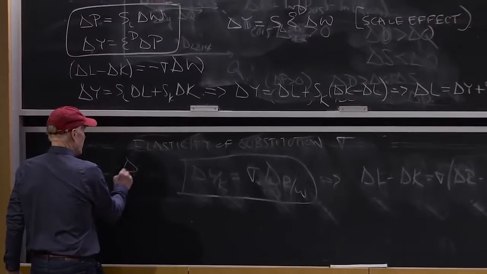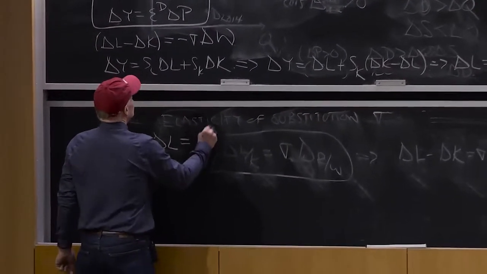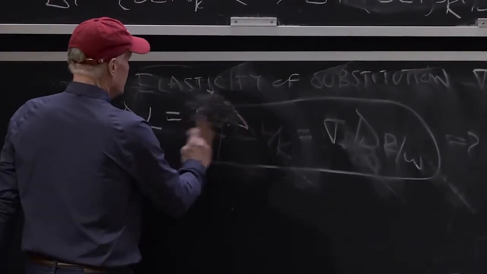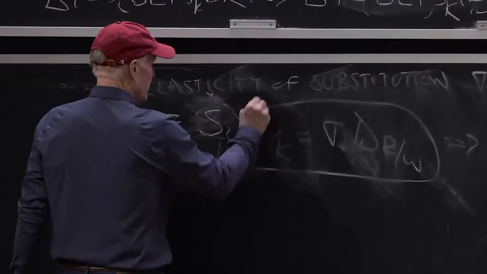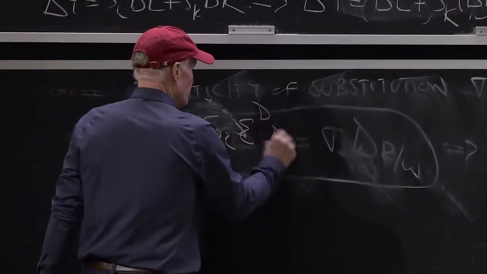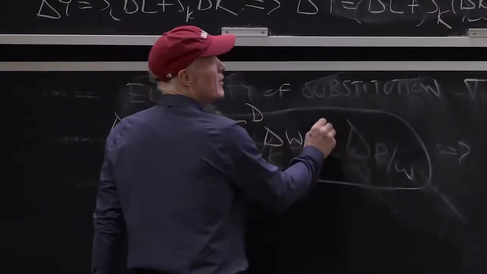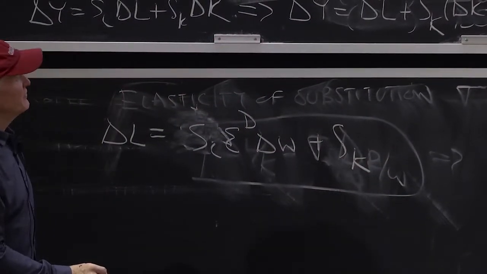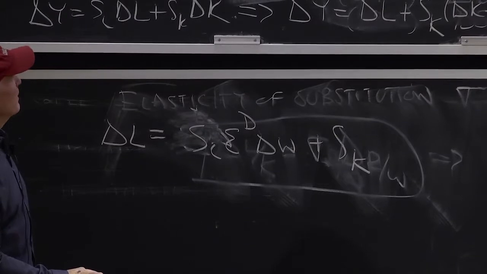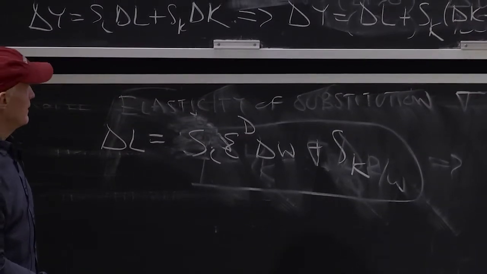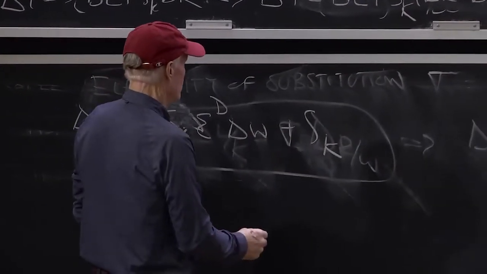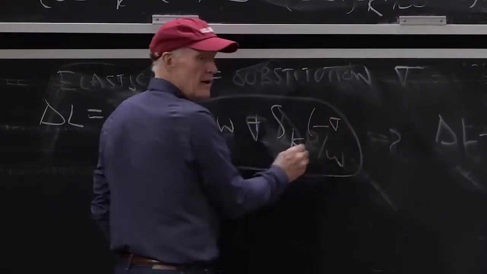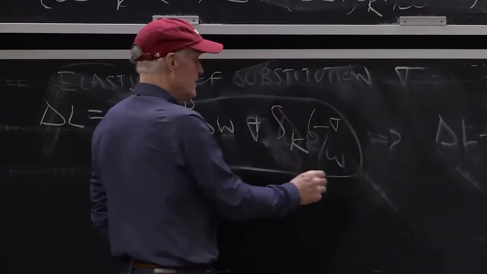So I get delta L equals SL epsilon D delta W plus SK times delta L minus delta K, which is what? Minus sigma delta W.